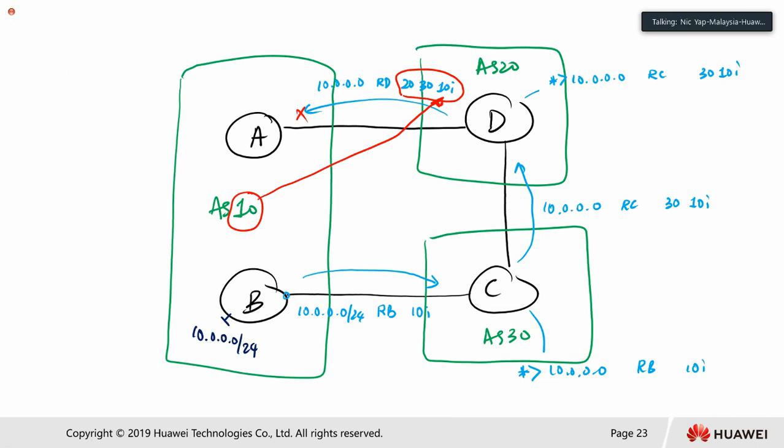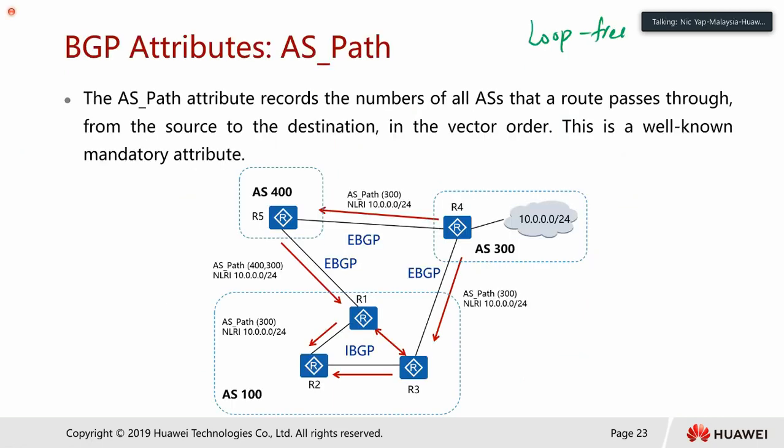Okay, that is the explanation for AS path selection, how they define which route to select and which not. AS path is not only for loop prevention, it is also used to specify the best path. In AS100, which way to 10.0.0.0 is best? They compare: this is one path and this is two paths.